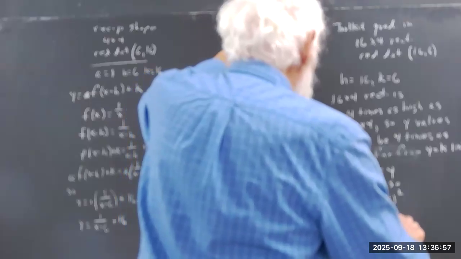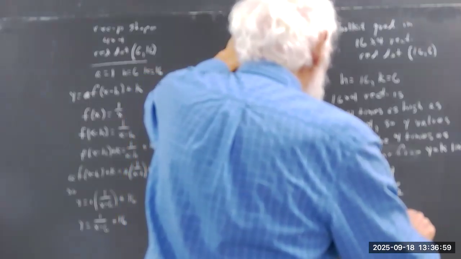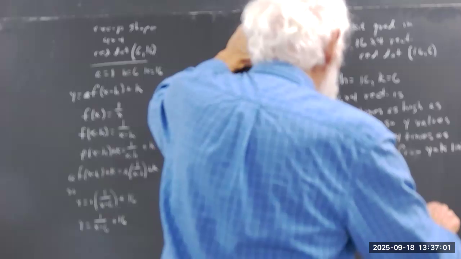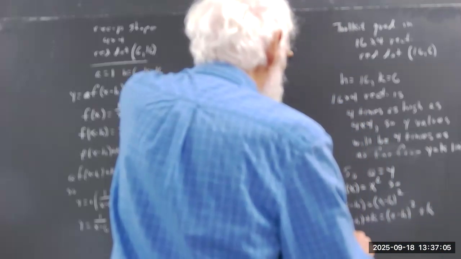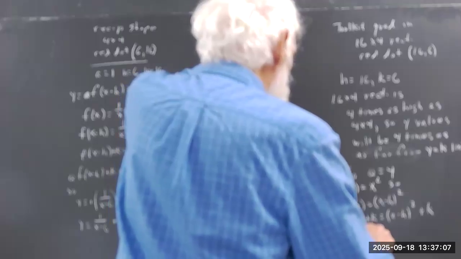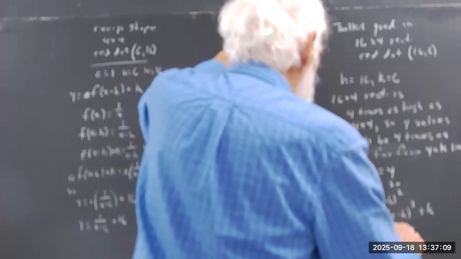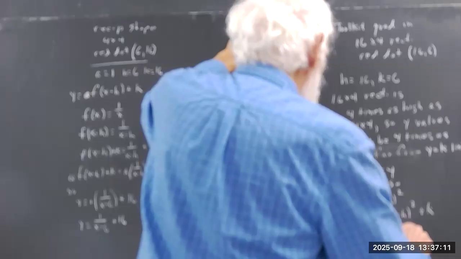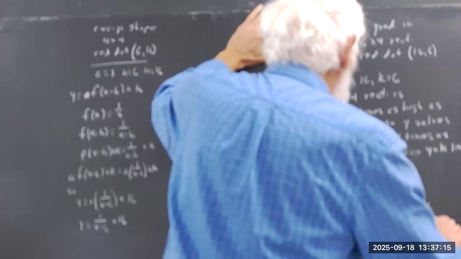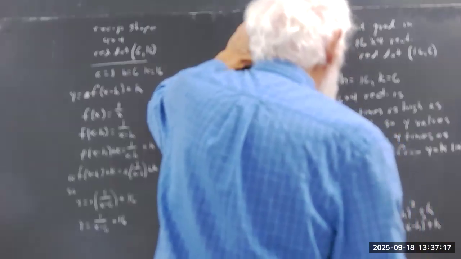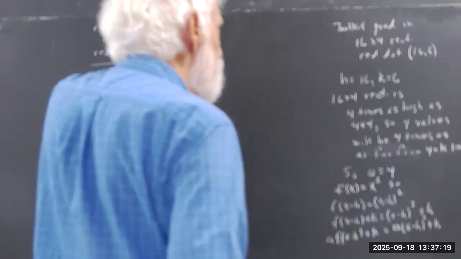F of x minus h plus k is the square of x minus h, and you add k, and a f of x minus h plus k is a times (x minus h) squared plus k.